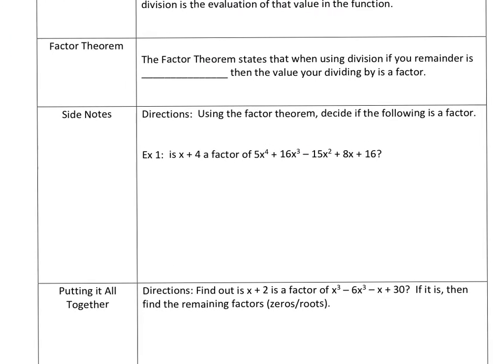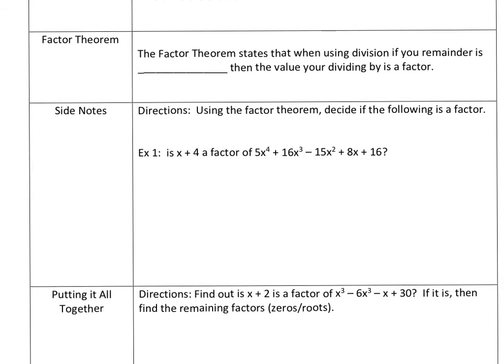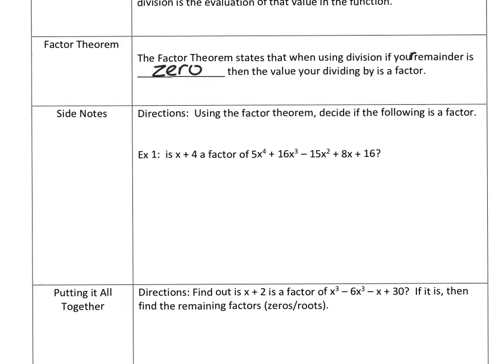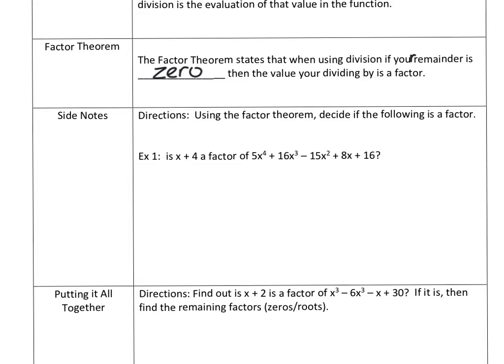Factor theorem now. So this is a little bit different. But what this states is that when you're using division, if your remainder is 0, then the value you're dividing by is a factor. We just talked about this. For instance, if I did long division back in whatever grade we learned that, if I did 16 divided by 4, 4 went into 16 4 times evenly.